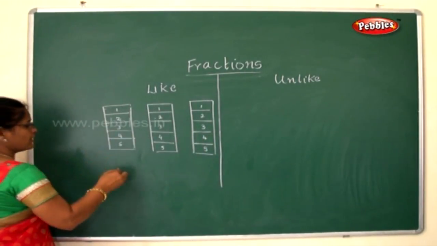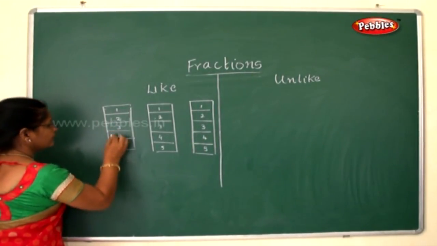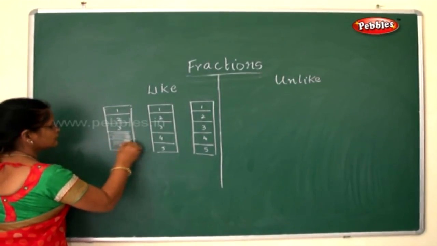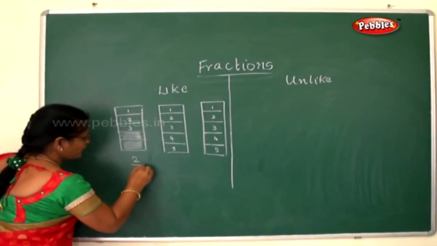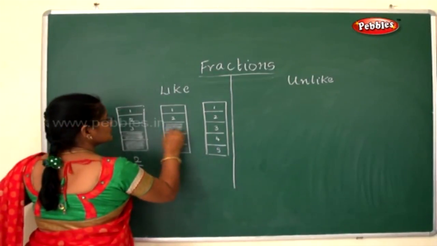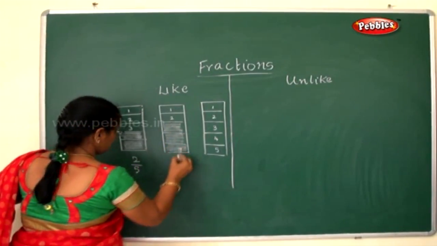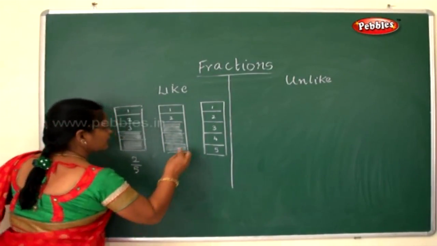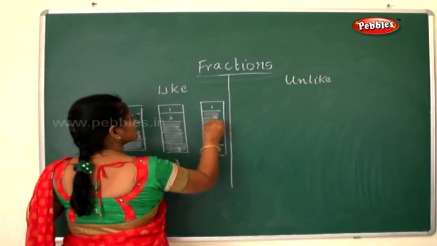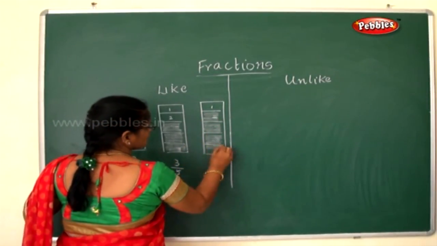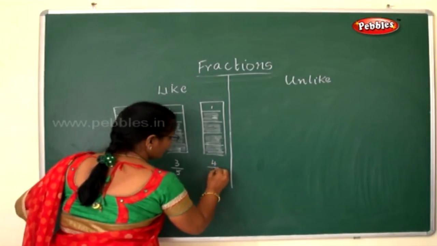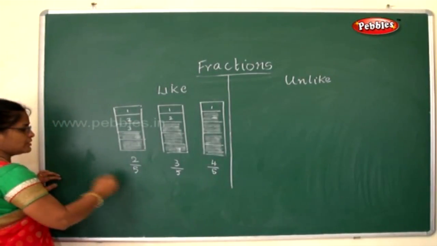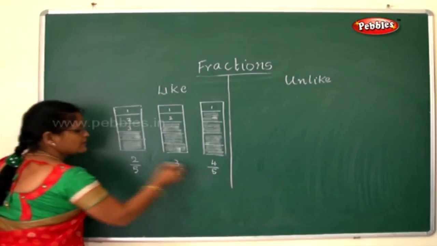Now what is like fraction is, see here 2 by 5, 3 by 5, 4 by 5. See, what is like fraction is, the denominators will be the same.